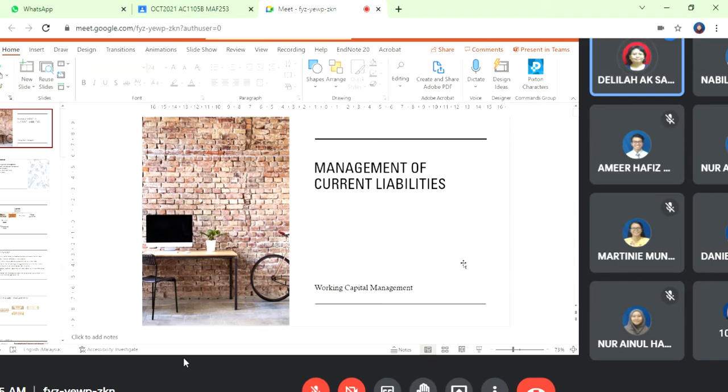And then we went into the next related topic. Related to working capital is the management of current assets.